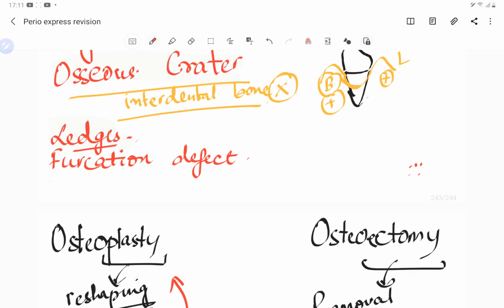So for any bony contour, we create a contour that is parallel to the contour of the gingival tissues. After you do the resective osseous surgery, there is a healing process. Suppose ledges are present, or bulbous bony contours, that means some part of the bone is bulbous.